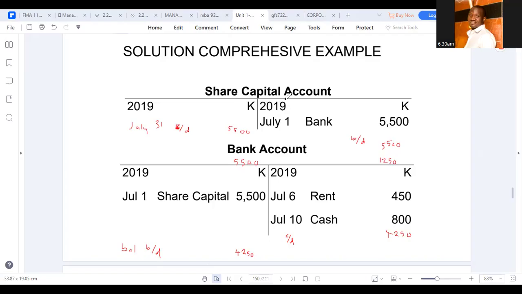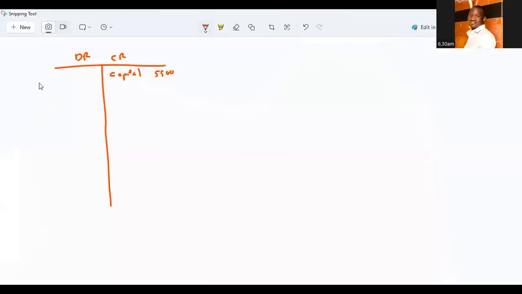So this is bank. And when we go to our trial balance, bank, we're going to what? Put 4250.